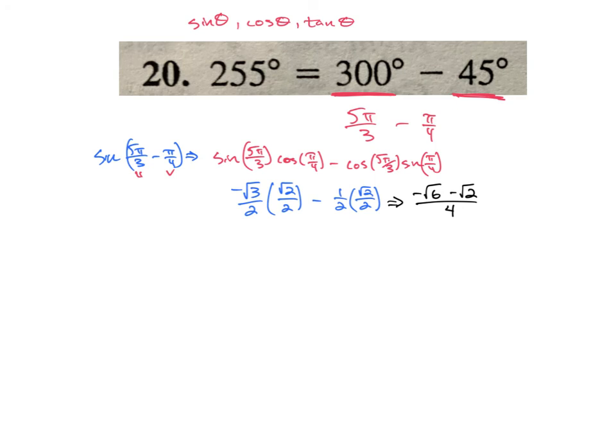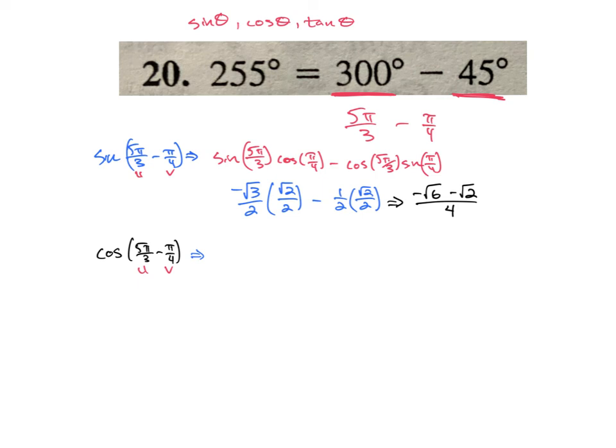And now we're going to do what? The cosine. So now we're going to do cosine of 5 pi over 3 minus pi over 4. So again, I would highly suggest you designate your u's and your v's. So, which one am I going to be working with? Un, deux, trois, or cat? Cat. All right.